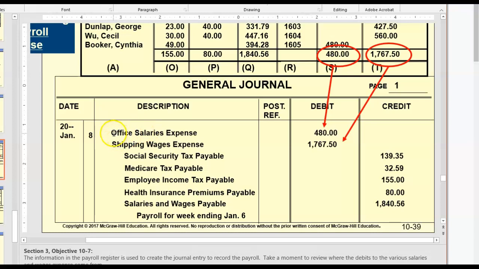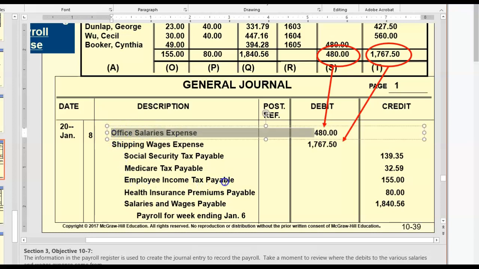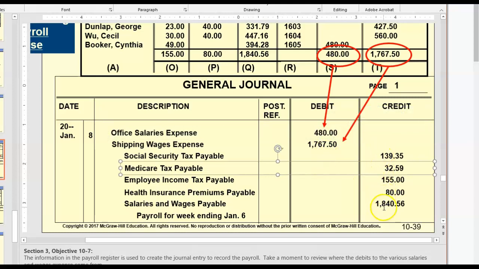So these are called compound entries because we might have two, like we have here, two debits and a lot of credits. Anytime there's more than one debit and one credit, they're called compound entries, and your debits and credits still always have to equal, but you're writing quite a few entries. So you're going to drop down your office salary expense.